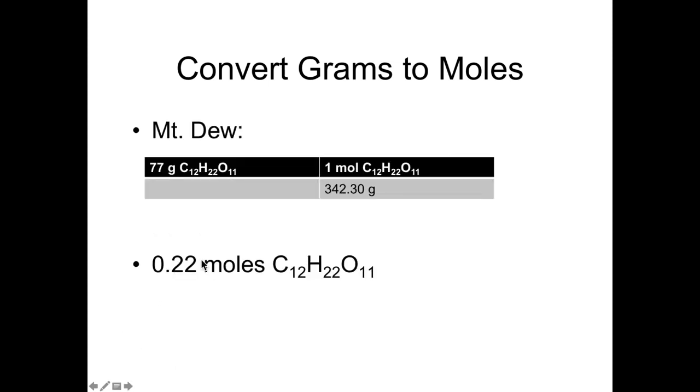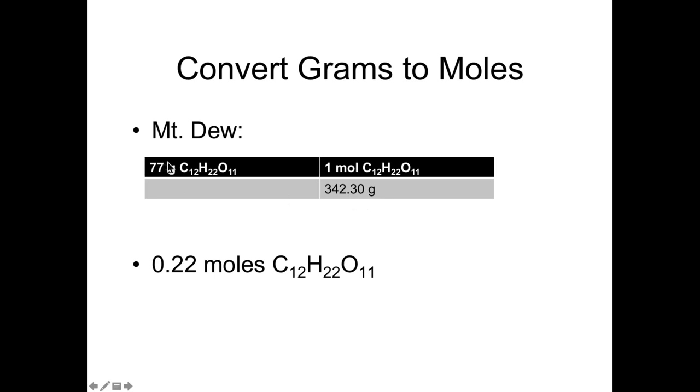Okay, so for Mountain Dew, Mountain Dew has 77 grams of sugar. That's our given. That will go in the upper left. What I want is moles, so I'll have 1 mole of sugar, because that's what I want. And then 1 mole of sugar is going to be equal to 342.30 grams.